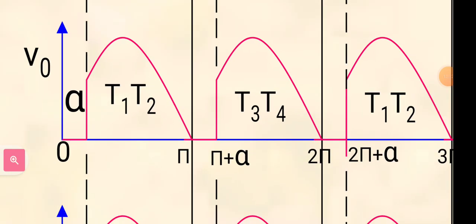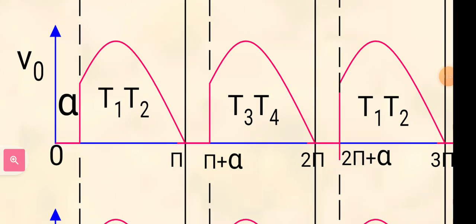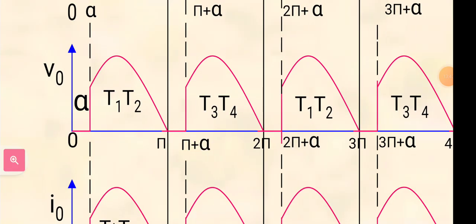After the delay angle pi plus alpha, T1 and T2 will be turned off and T3 and T4 will be turned on. Again it goes to maximum value of voltage and again falls at 2 pi. T3 and T4 will be turned off and again after alpha T1 and T2 will conduct. Likewise the cycle repeats.